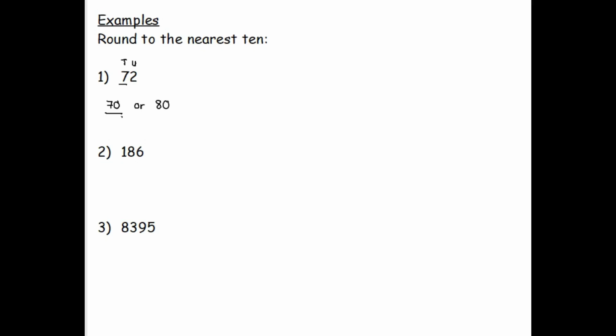But we don't want to write an equals for this, because 70 isn't equal to 72. So we write our equals as a squiggly equals. This means approximately equal to. Okay, so 72 is approximately equal to 70.